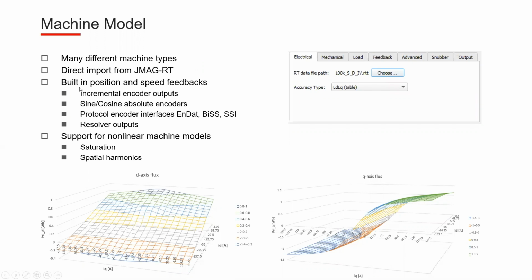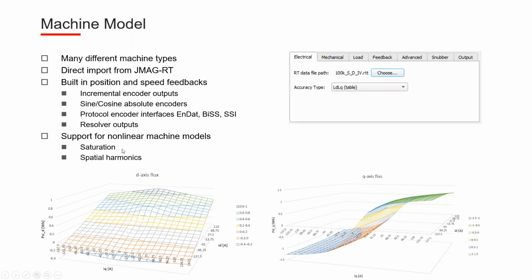In addition to that, we have built-in position and speed feedback, like incremental encoder, sine-cosine, protocol encoder interfaces, and the resolver.